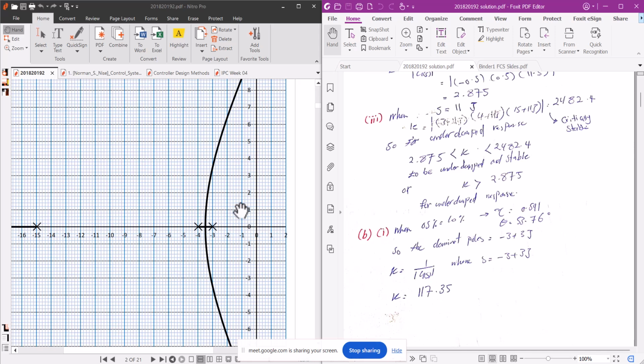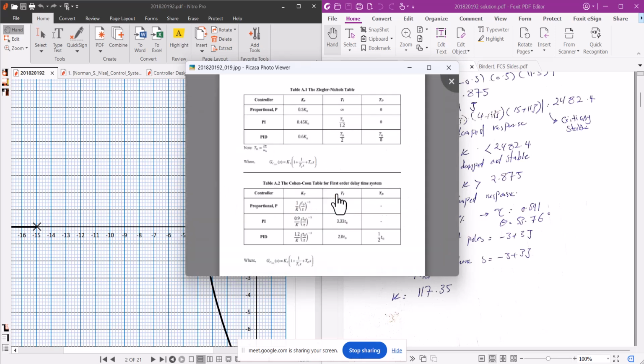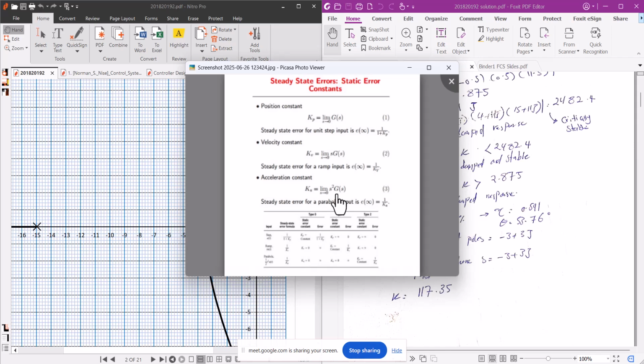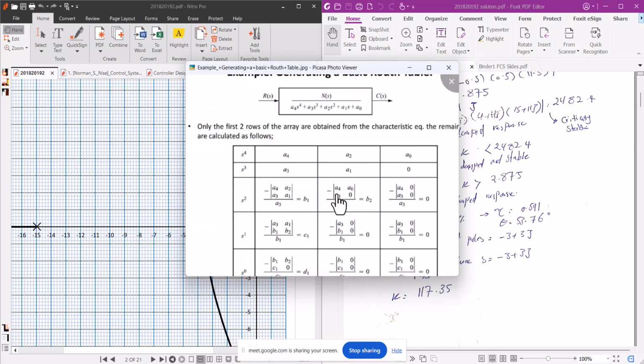You will get 10% overshoot at minus 3 plus 3j and minus 3 minus 3j. This is a very important concept. From the percentage overshoot, you got this zeta. How did you get this? From the formula here. This is the formula, it will be given in the appendix to you, the percentage overshoot formula.